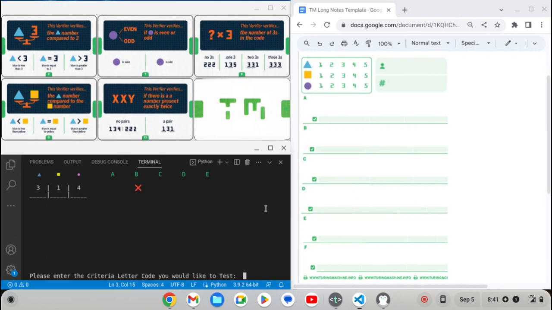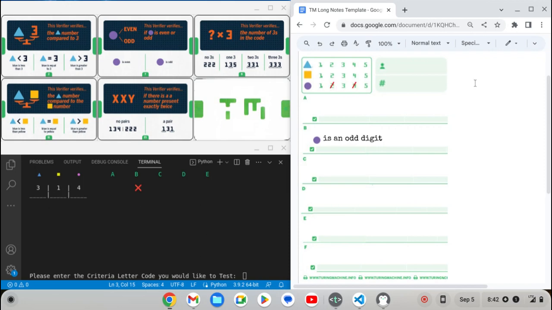So let's go ahead and type that up in section B. And that again is that circle is an odd digit. And since it is odd, that means I can cross out both evens. So cross out the number 2 and the number 4.